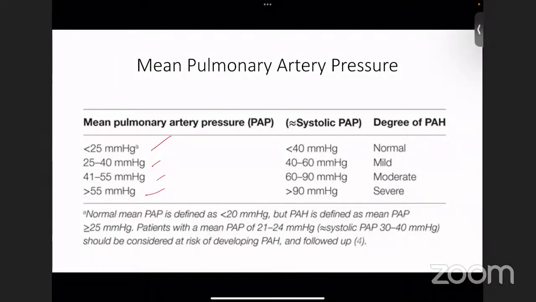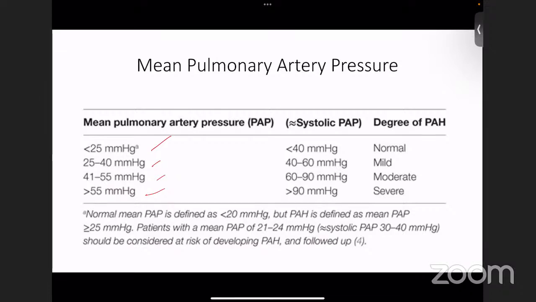So how you have to differentiate whether the RA dilatation or the pulmonary hypertension is acute or chronic is, if the pulmonary artery pressures are above 55, then invariably the pulmonary artery hypertension is chronic, because when the pulmonary embolism happens, there is very little time for the RV to hypertrophy.